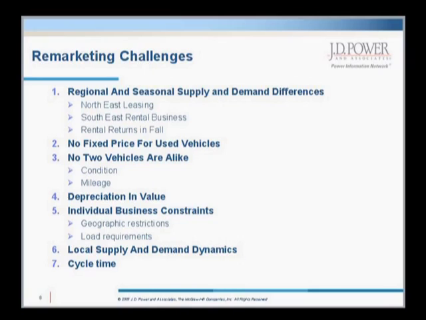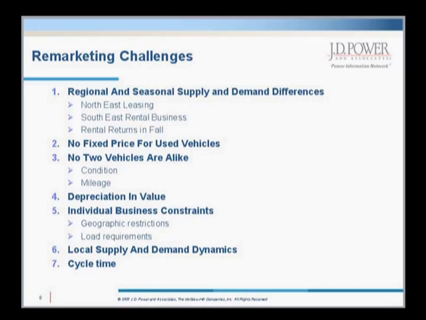The other example is on the rental side, the Southeast, where because of a lot of the vacation spots, you have a very high supply of rental vehicles that come back, and they tend to come back heavily in the fall after the vacation season is over, but the market is nowhere near able to absorb that volume at that point in time.